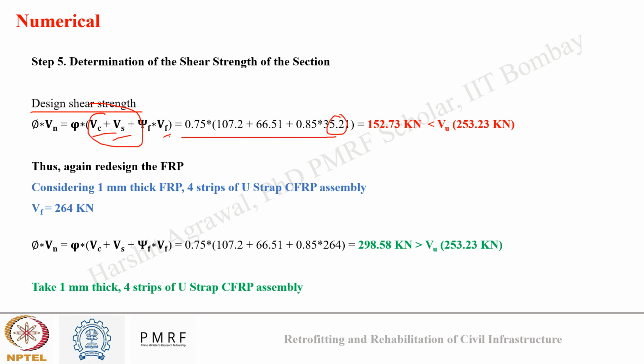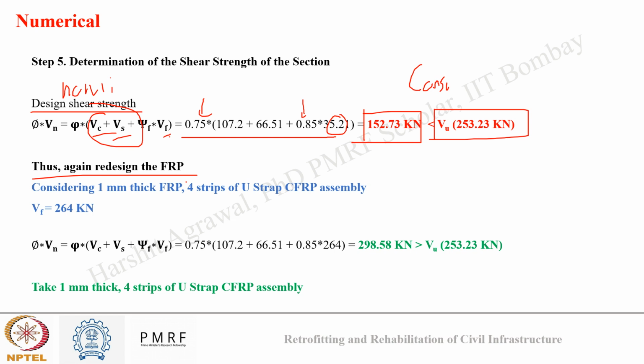Adding all the values and multiplying by the reduction factor, I can calculate the design nominal shear strength after FRP retrofitting. It is coming out to be 152.73 kilonewton, which is much less than what I required. So the choice that the consultant made is incorrect. It won't be sufficient, so I need to redesign.